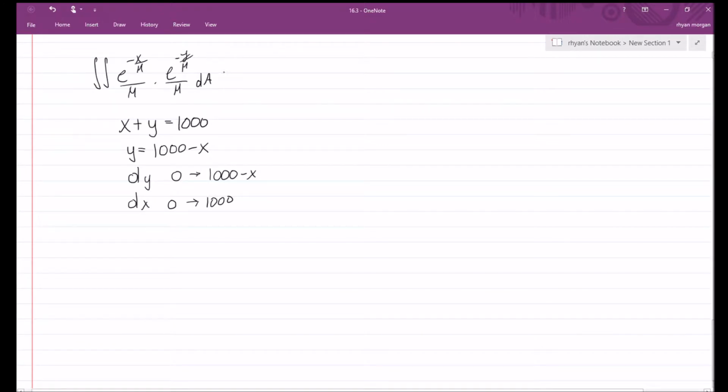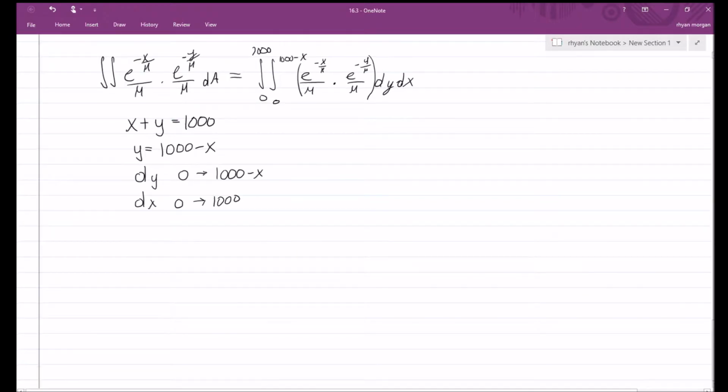So then we have this integral is equal to the double integral from 0 to 1,000 and from 0 to 1,000 minus x of e to the negative x over mu divided by mu times e to the negative y over mu divided by mu dy dx. Now, since the bulbs are the same in part A, mu was given to us as being equal to 1,000.